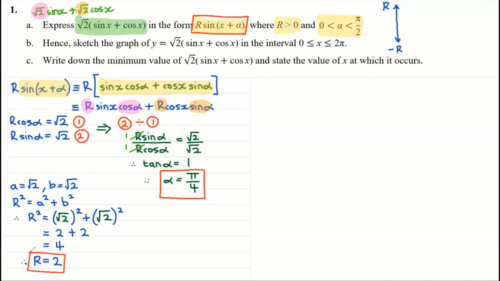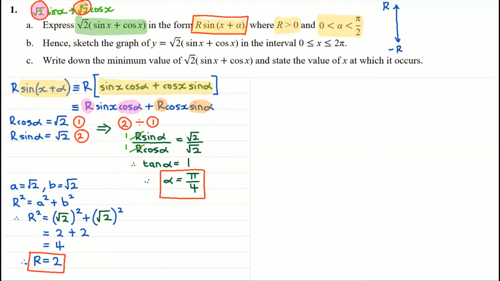Most people like to work out r first, in fact, because you can do it directly just using these values here and here. You just apply Pythagoras' theorem to them, assume they're the shorter sides, and hey presto. Right, okay, so that means we can now write down the form of the expression, and we can sketch the graph, hopefully.